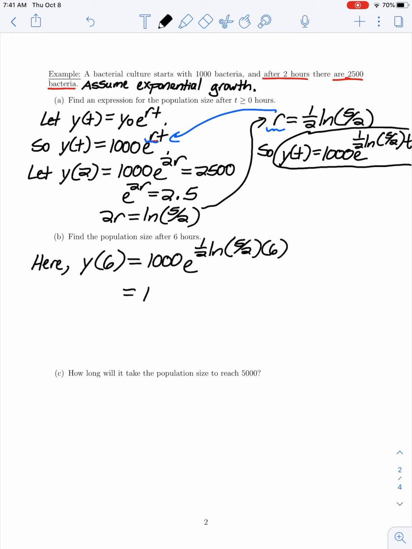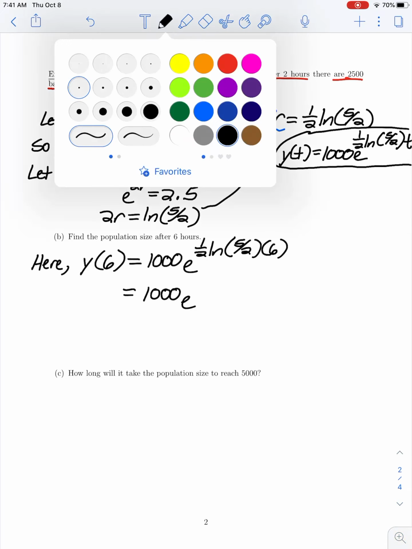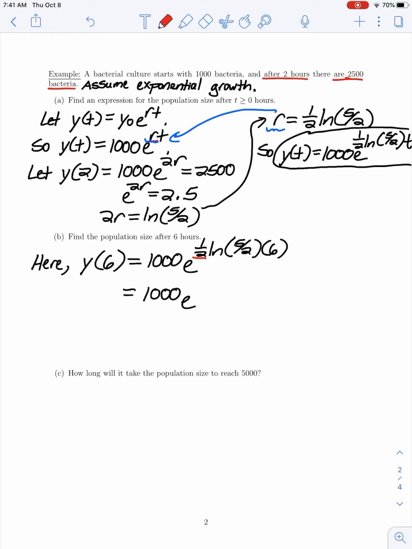So simplifying, we have 1,000 times e raised to, well, our 1/2 times 6 gives us 3 times the natural log of 5 halves.